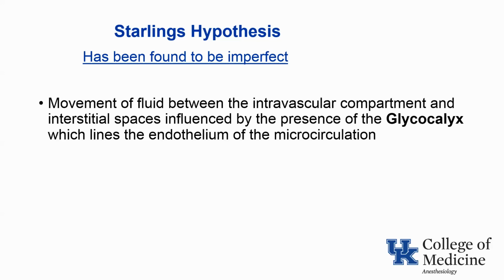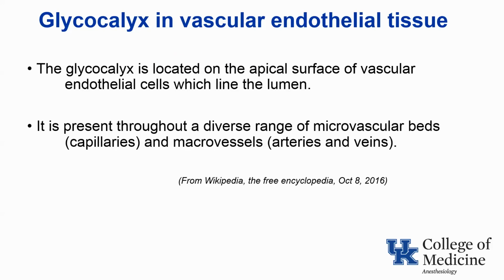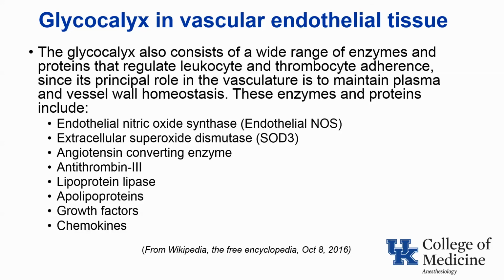However, this hypothesis is found to be imperfect, and this is attributed now to the presence of the glycocalyx, which lines the endothelium of the microcirculation. The glycocalyx is located on the surface of the endothelial cells and is present throughout microvascular beds.